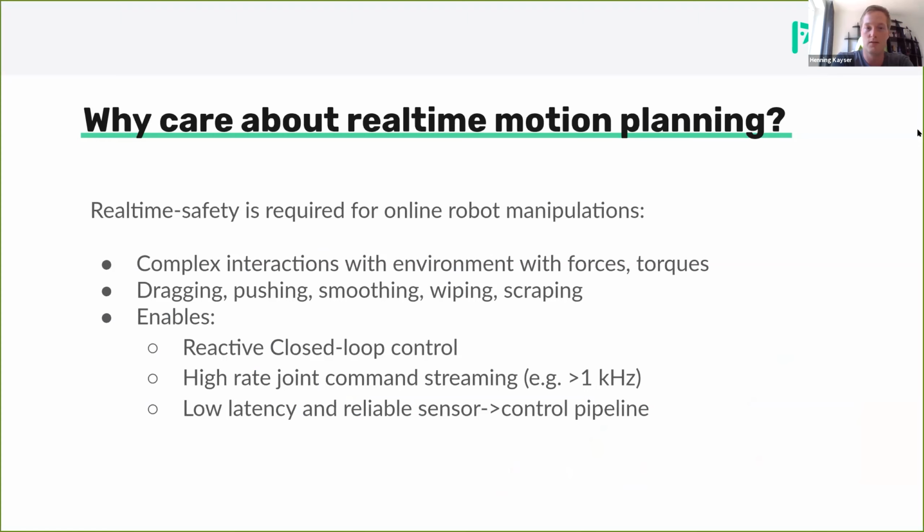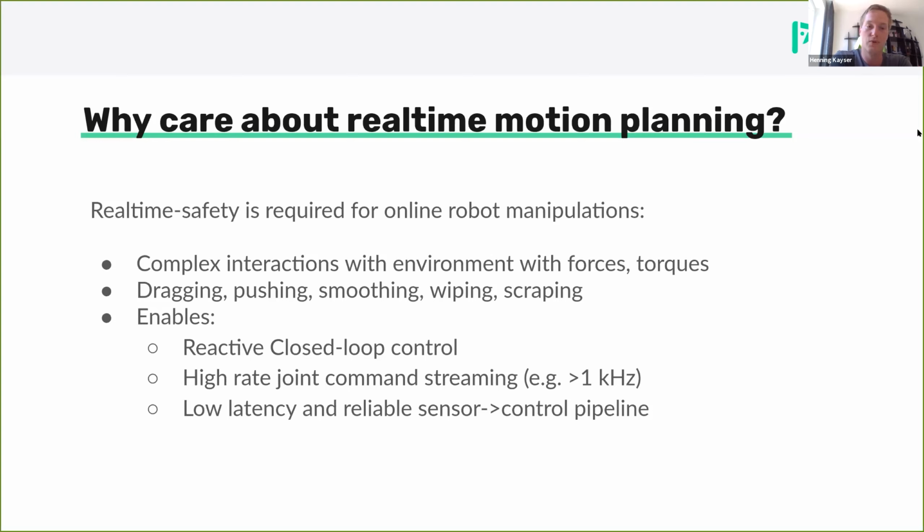That means complex interactions with the environment that require some kind of dynamic reactions, maybe based on forces, vision input, or reacting to planning scenes. This always requires recomputing the plan that we currently have, and that must always take place immediately. We can't afford a little delay in reacting to a collision object, because otherwise we might crash it, of course.